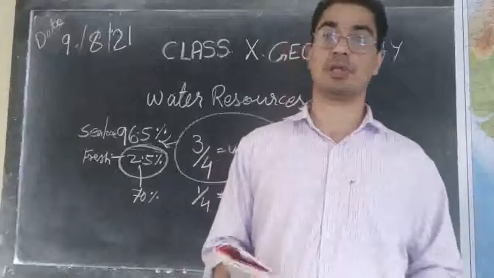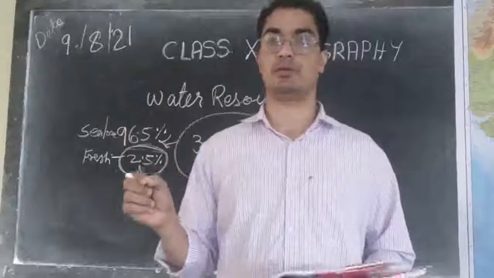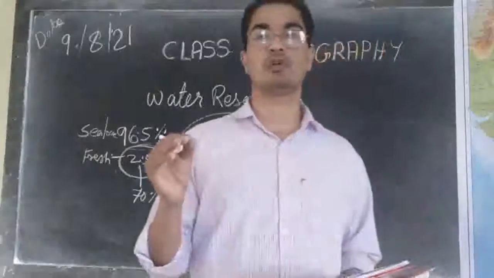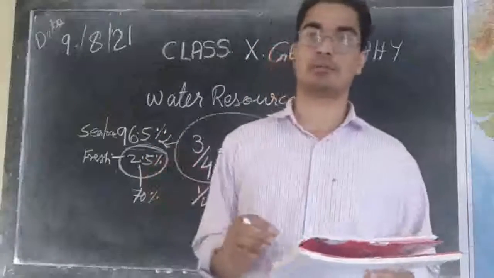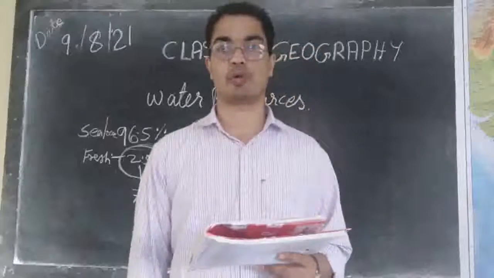The scientists also say quite many towns in India will be part of that. Many people living in different parts of India are going to suffer from the water scarcity problem.